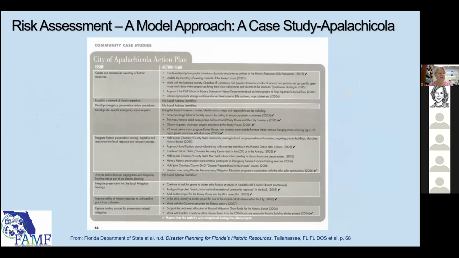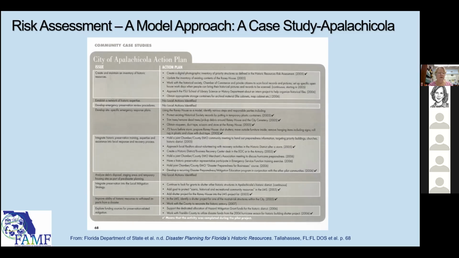After completing the risk assessment, the community developed an action plan to integrate historic preservation concerns into community-wide emergency management planning. Using the identified challenges and needs, the committee formulated a series of short-term and long-term goals. Short-term goals included actions that could be reasonably achieved before or during the 2005 hurricane season.